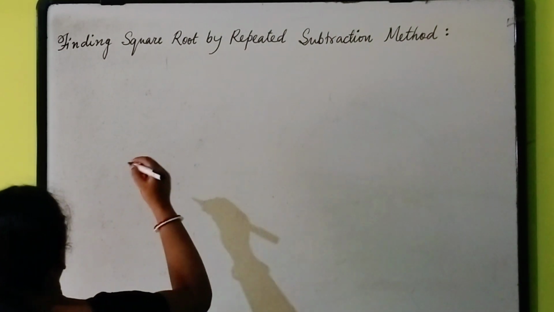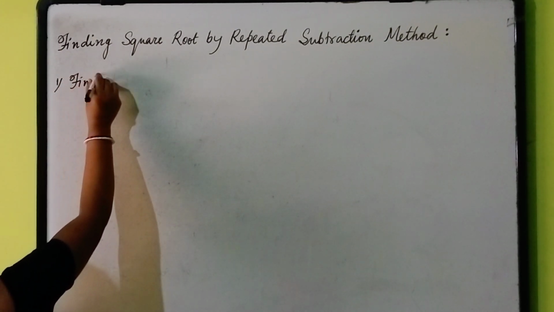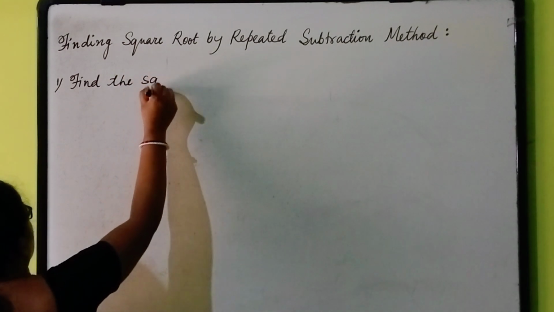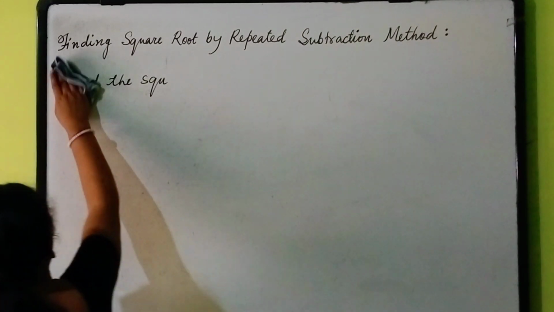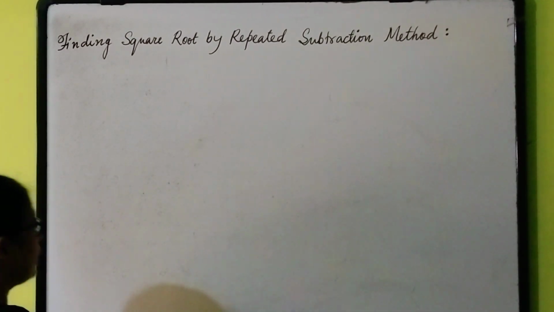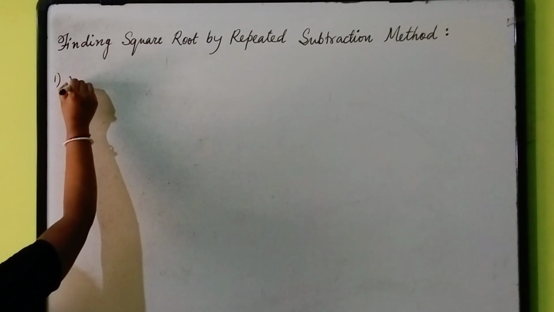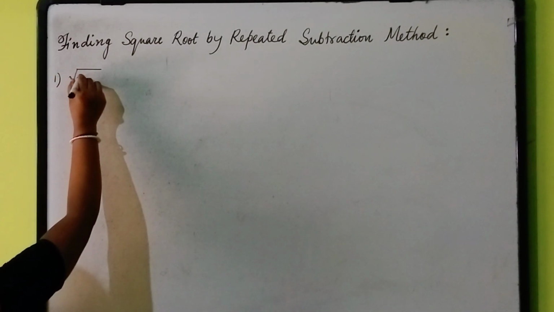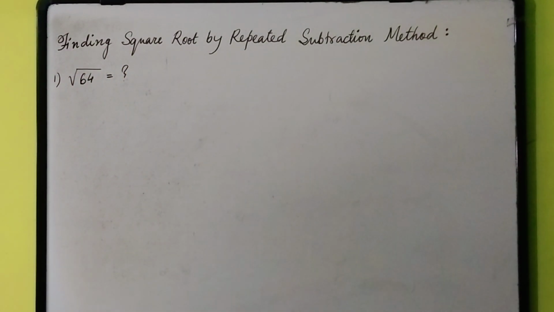Suppose you are to find the square root in question number 1. The question will be: find the square root of 64 by the repeated subtraction method.